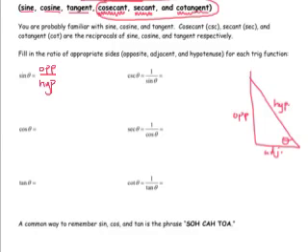Cosine of theta is equal to the ratio of the adjacent over the hypotenuse. And tangent of theta will be equal to the ratio opposite over adjacent.